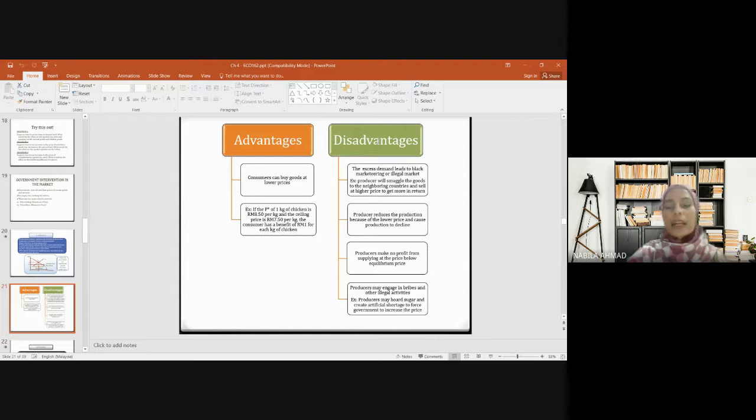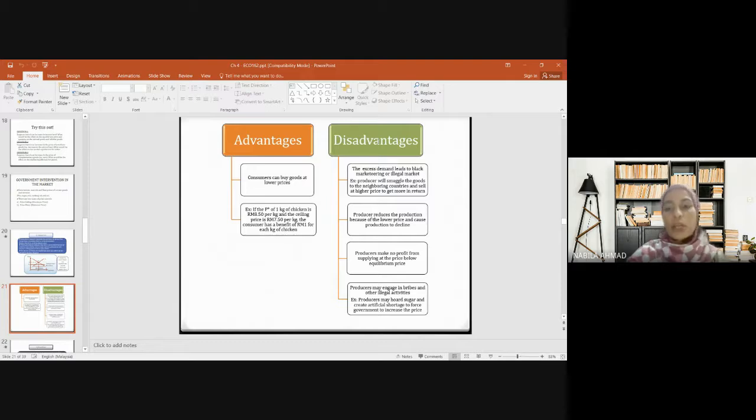And then producer dia akan reduce the production of goods and services itu because of the lower price. Ya, sebab dia rasa dia tak akan dapat untung yang banyak, jadi dia kurangkan production. Jadi berlaku lebih banyak shortage lah. And then producer dia maybe profit dia sedikit ataupun no profit at all. So bila tak ada profitnya sedikit, kita kata dia tidak begitu fair kepada producer lah.